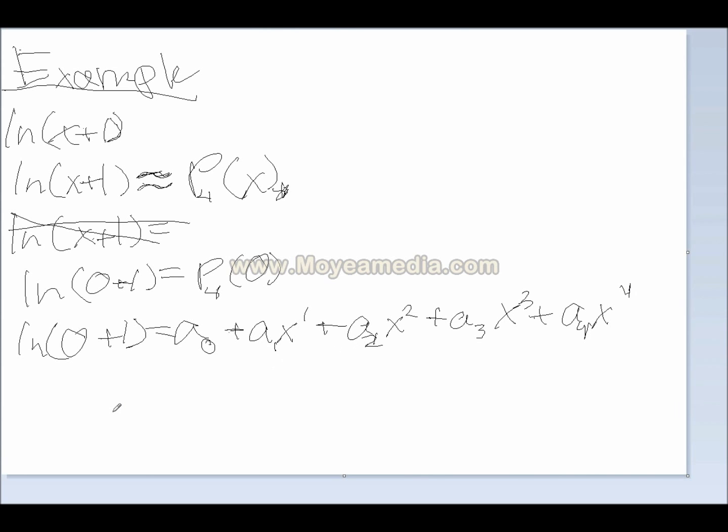Alright, now let's get a fresh piece of paper. So, because we plugged 0 in, these terms are basically all going to cancel out except for this very first one. Because anything times 0 is 0.